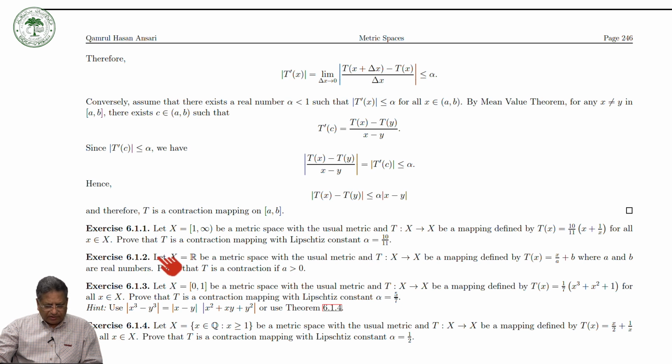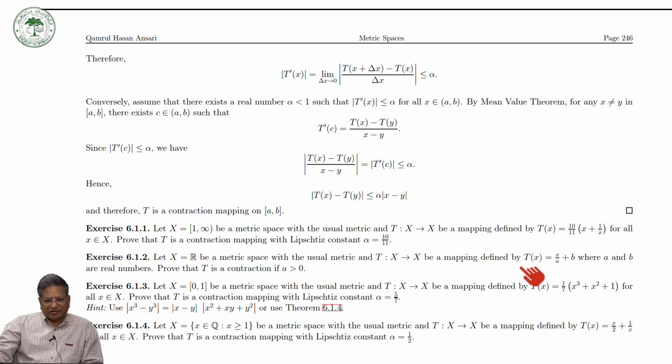Similarly, if we have X equal to R with the usual metric and T is a map, Tx equal to x upon a plus b, where a and b are real numbers, then prove that T is a contraction if a is greater than 0. Now look here, you can prove this very easily.